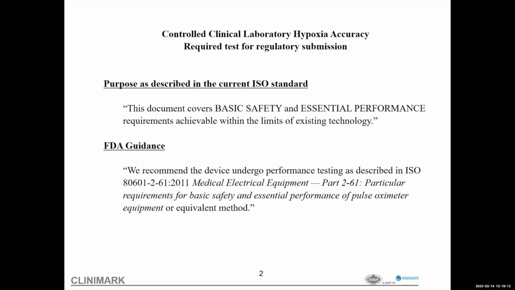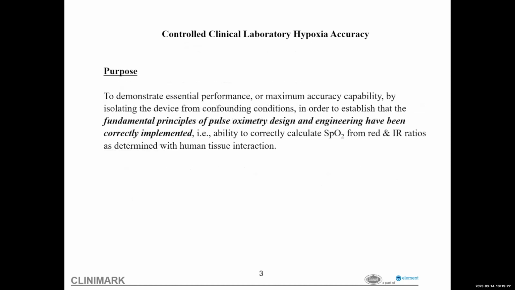The FDA guidance refers directly to the ISO standard, but also looking at basic safety and essential performance of the pulse oximeter. And so the purpose of this testing in the clinical laboratory is to demonstrate the essential performance, or another way of putting it is the maximum accuracy capability by isolating the device from confounding conditions.